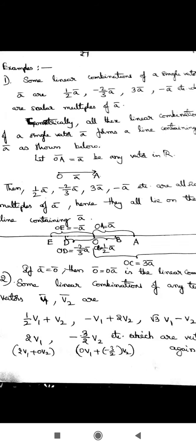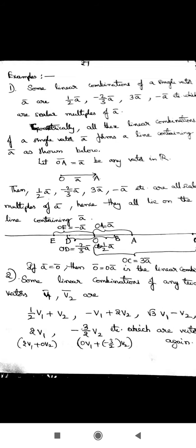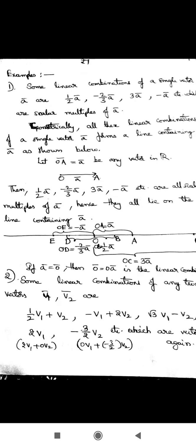Now let us move on to some examples of linear combinations. Whatever I have mentioned in the beginning of the topic to introduce the word linear combination, I have given you 4 examples there itself.